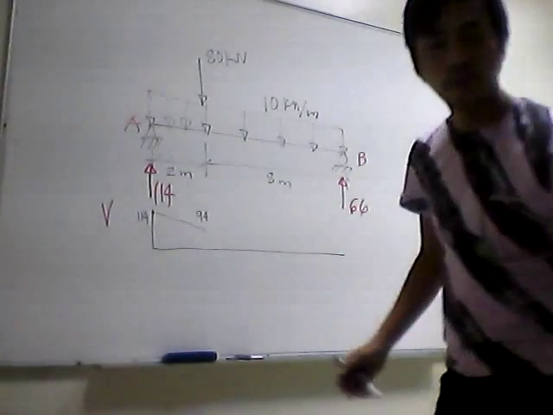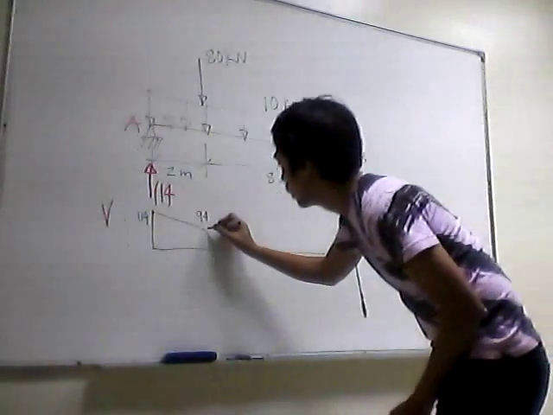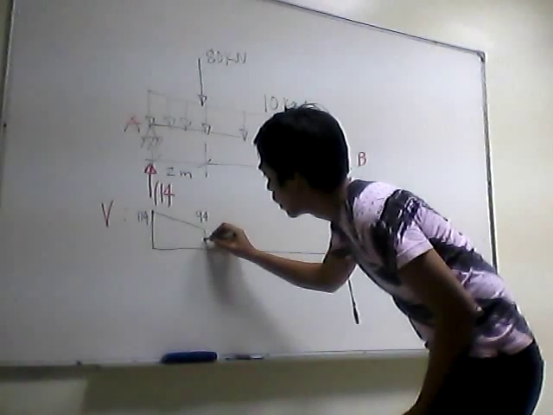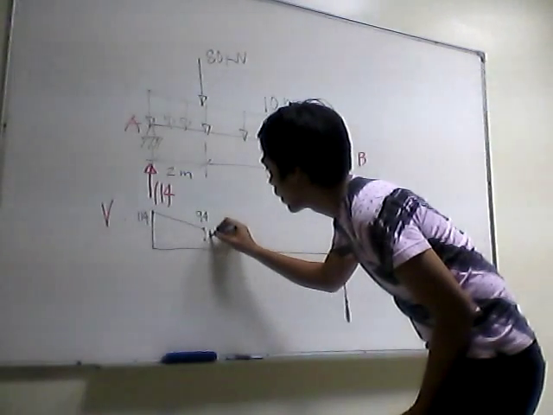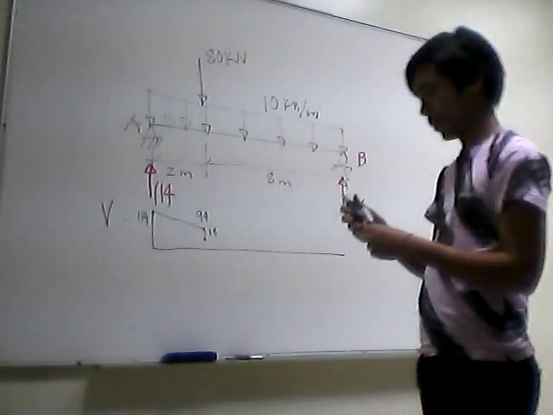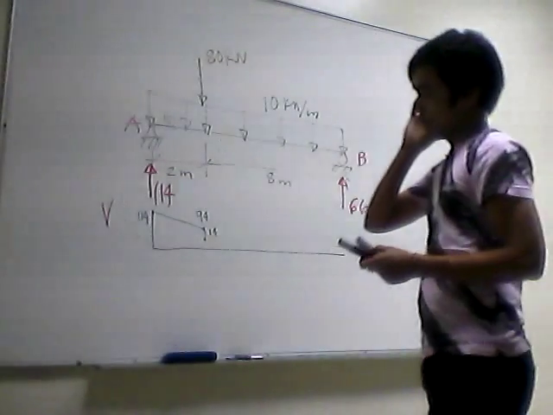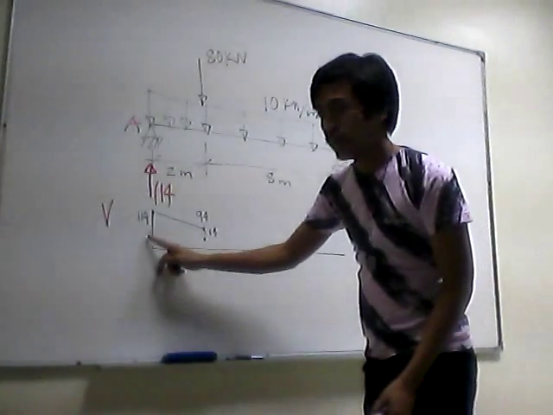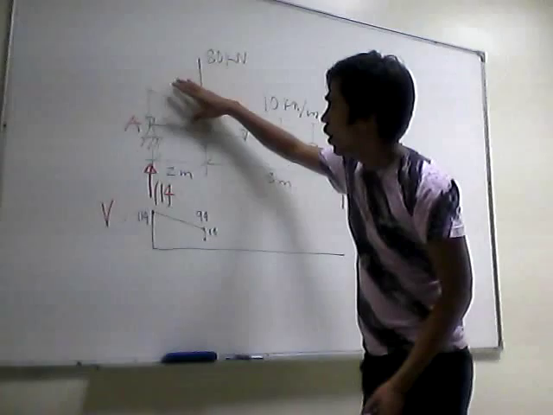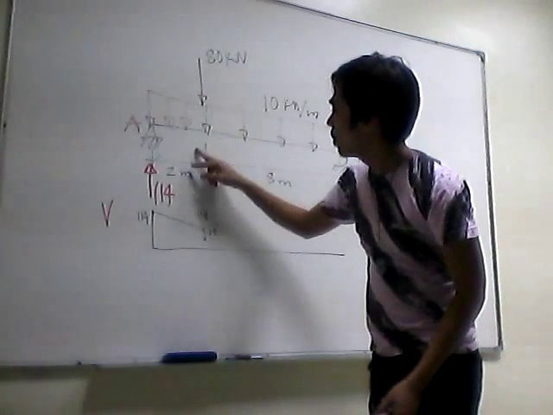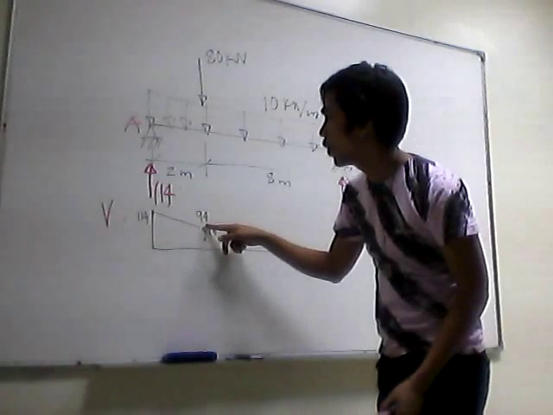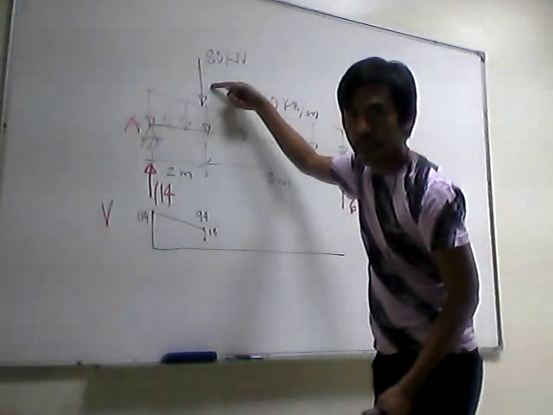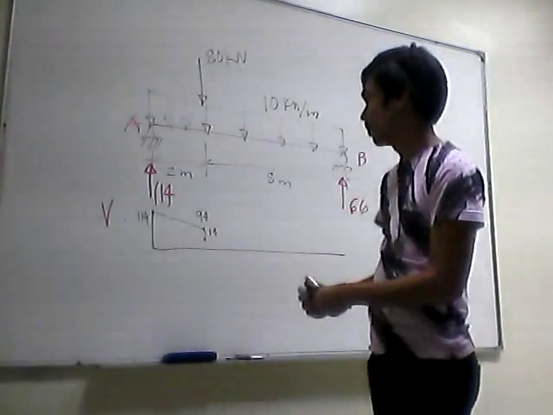That will give you 14 kilonewton. So again, 114 upward, then downward force of 10 multiplied by 2, so 114 minus 20, that's 94. Then we have downward 80 here, that's 14.